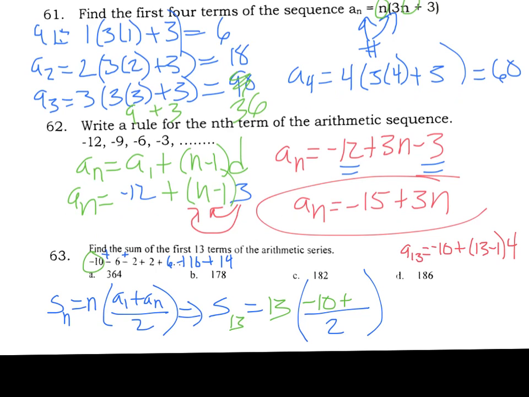And I think, let's see, that's 12 times 4 is 48 minus 10. I think I'm going to get a 38 there. And so if I do this piece of it on my graphing calculator, I will do negative 10 plus 38, enter, divided by 2, enter, times 13, enter. I will get a sum of 182. Good, that matches an answer that is here.